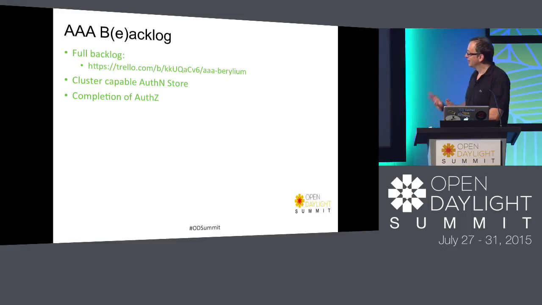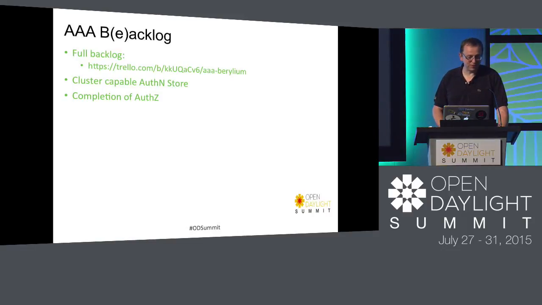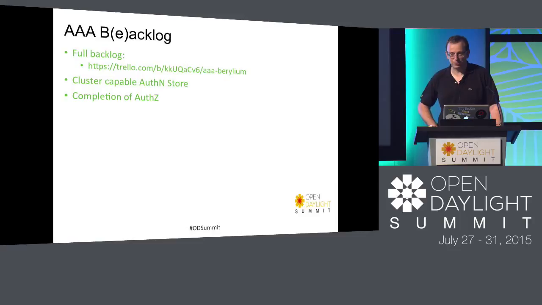The full backlog is there on that Trello site, but the two key items that I feel we have to deliver are around an authentication store that is cluster capable, and the completion of authorization functionality, which is currently not there: the plumbing is there, the policy engine isn't, but we'll touch on that later.